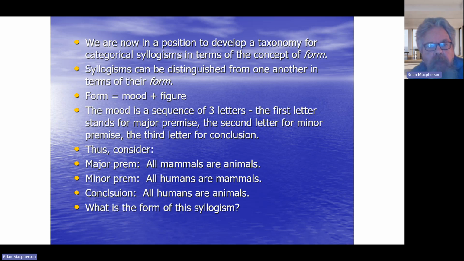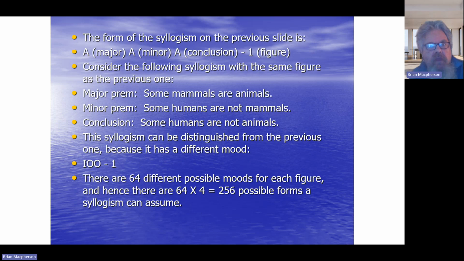We see that mammal is configured in a diagonal pointing to my left, right? And so it's a figure one syllogism, and all three propositions are A. So it's A major premise, A minor premise, A conclusion, figure one. And that's what we have in the next slide.